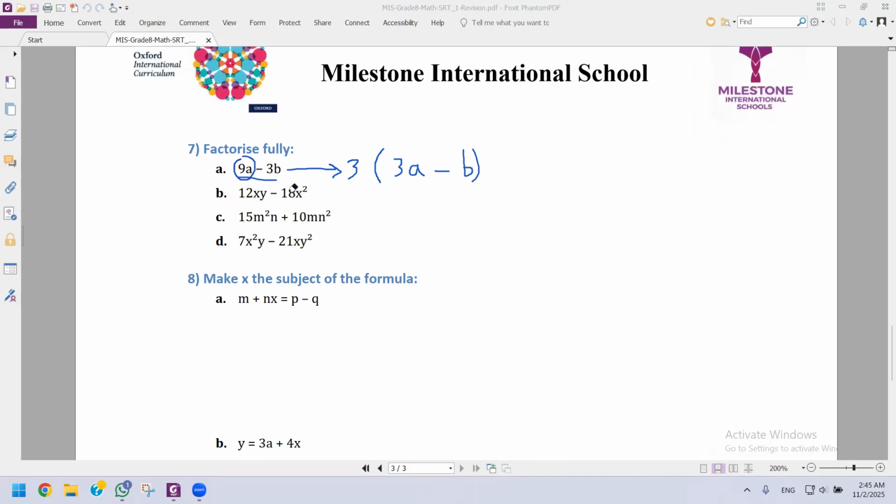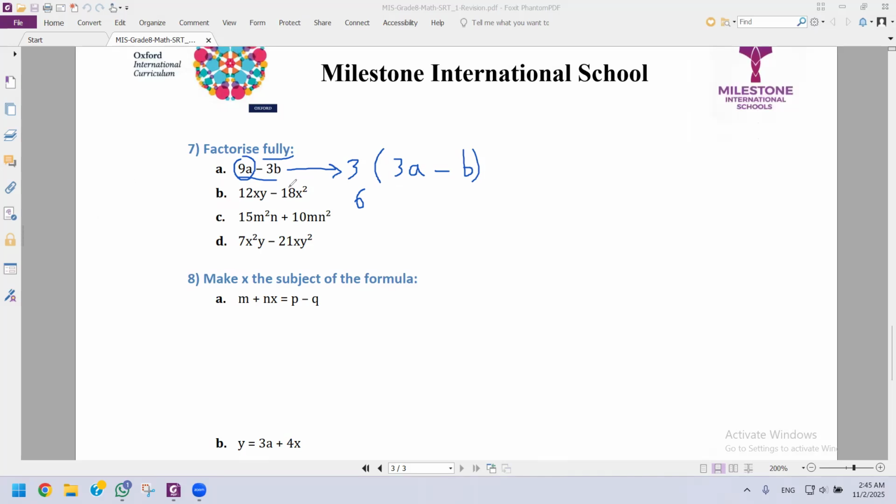Now 12xy minus 18x squared. Now from 12 and 18, they can be divided both by 6. Some of you might use 2. 12 and 18, both of them can be divided by 2. Okay, it can be a common factor, but it's not factorized fully. We need fully, which means divide by the highest number.